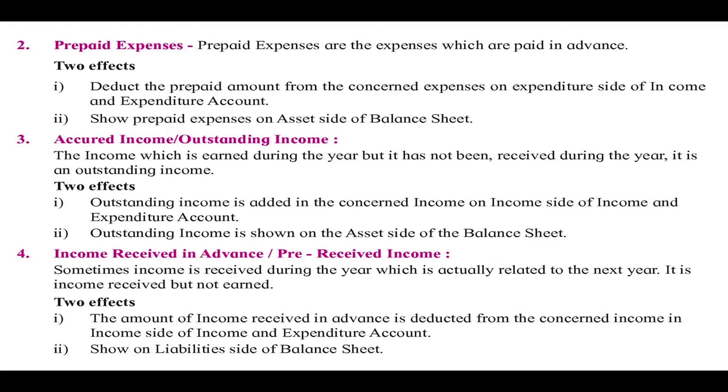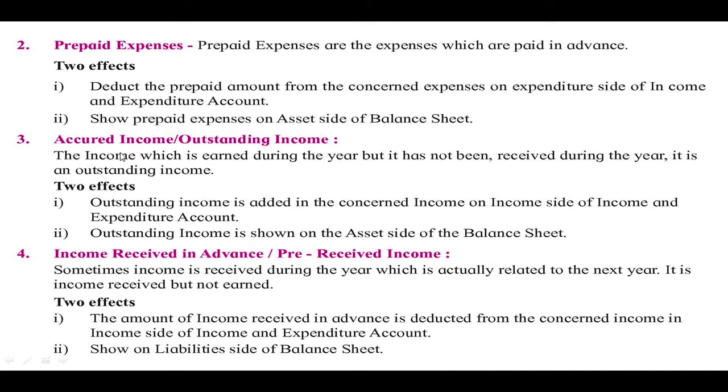Since these expenses are paid in advance for the next year, they are not related to the current year. That is why they are subtracted from that particular expenditure on the expenditure side of the income and expenditure account. For example, if insurance is prepaid, then prepaid insurance is subtracted from insurance which is recorded on the expenditure side. That is one effect. The second effect, prepaid expenses are shown on the asset side in the balance sheet because we are going to receive the services in the future.